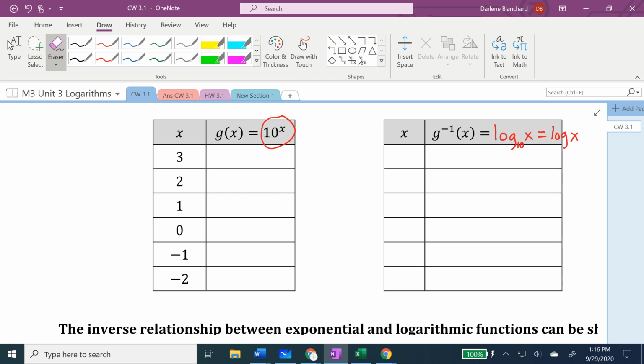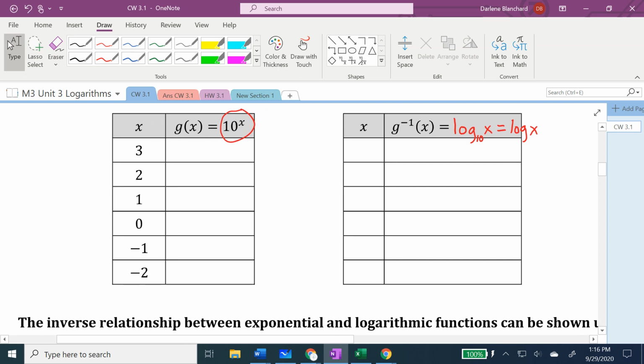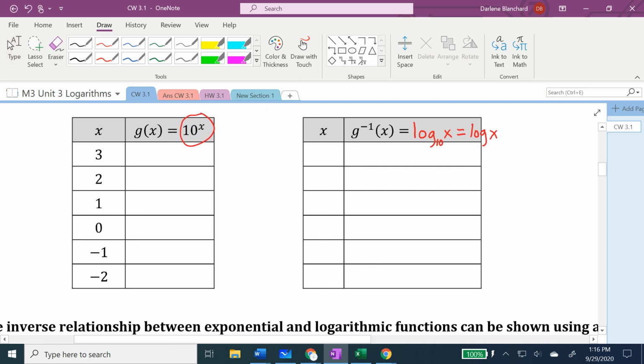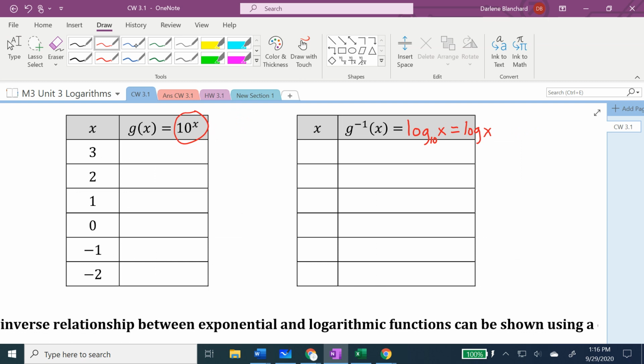And then apparently somebody said, what if the base was another number? Anyway, this is called the common logarithm. You should be aware of that. This is called the common logarithm.